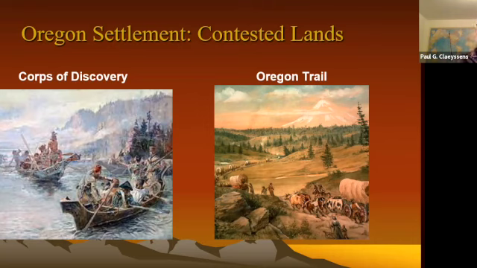And that was partly why President Jefferson sent Lewis and Clark on their Corps of Discovery. The Joint Occupation Treaty of 1818 between the United States and England kind of allowed for that joint administration.